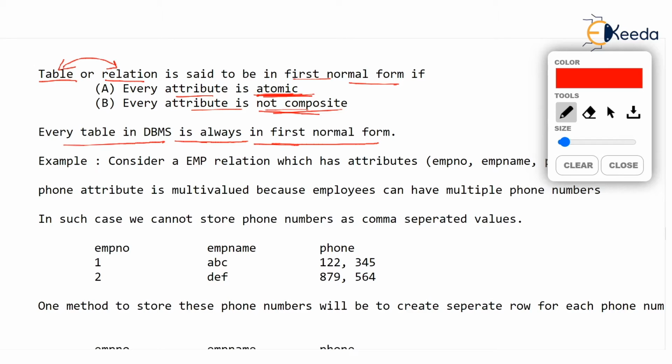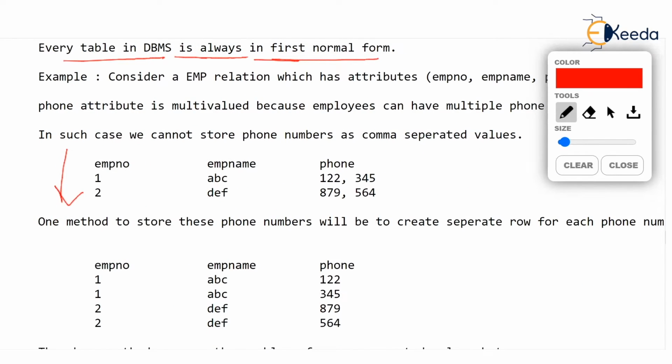Now here is a table I have shown which is not in first normal form. Wait a minute, there doesn't exist such a table. This is an absurd table I have shown, where employee number one has the name ABC, and this person has two telephone numbers, 122 and 345. But you observe the phone numbers are separated by a comma. This is bad.